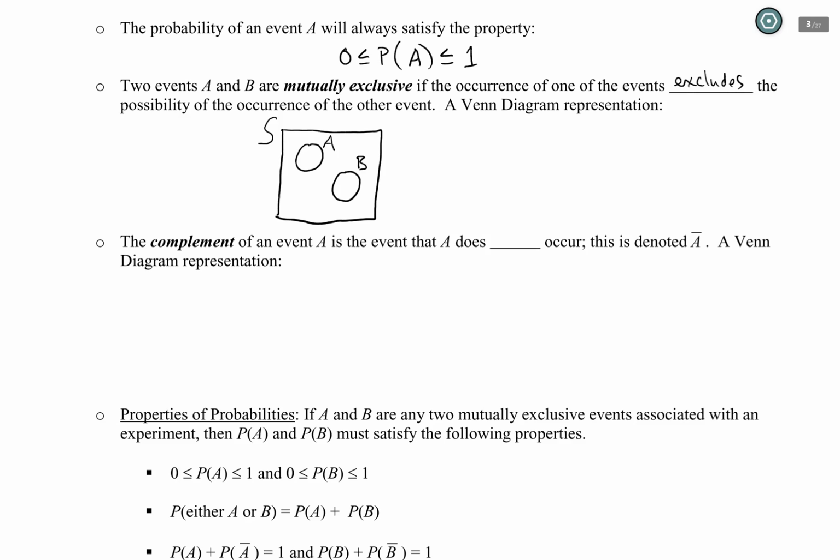The complement of an event A is the event that A does not occur, and it's denoted by A bar.